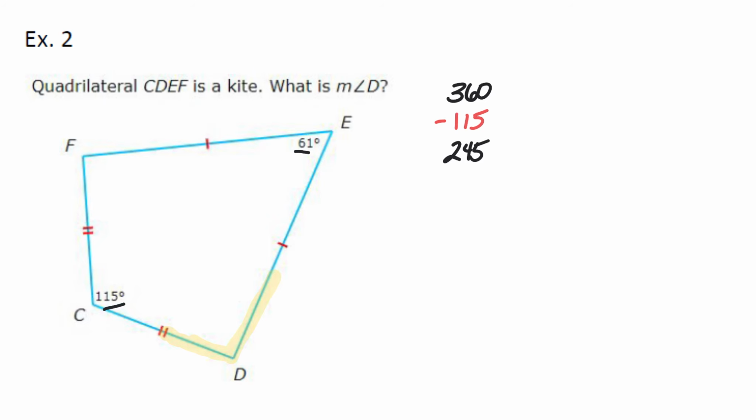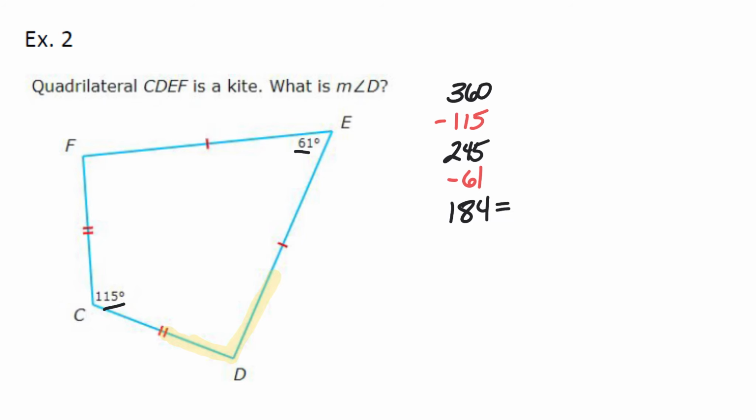Then we'll take away the 61 degrees from the angle E, and we will have 184 degrees.